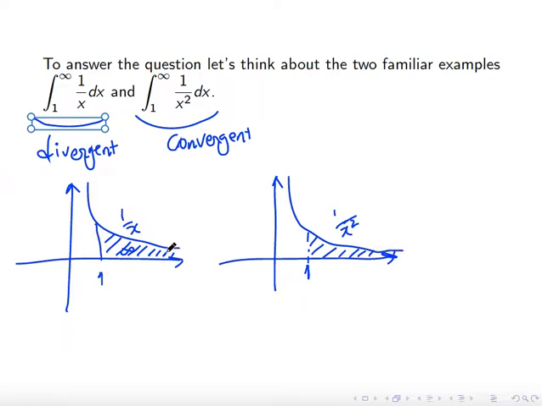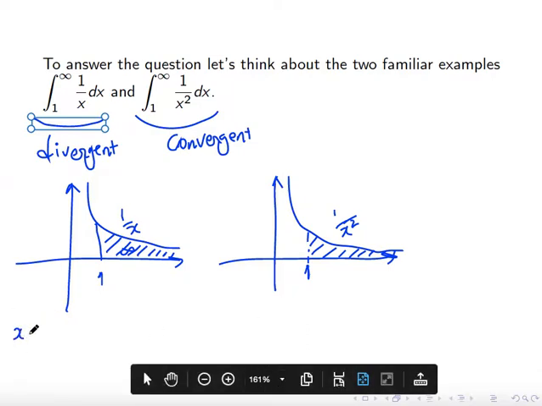Why is that? If we compare these two graphs for small numbers, it's impossible to see a huge difference between them. But if we compare them for very large numbers, for example x equals 10 to the power of 6, 1 over x is 10 to the power of negative 6, and 1 over x squared is 10 to the power of negative 12.